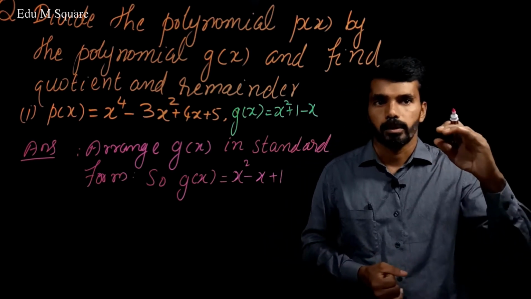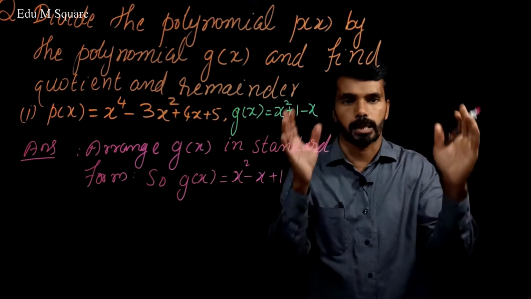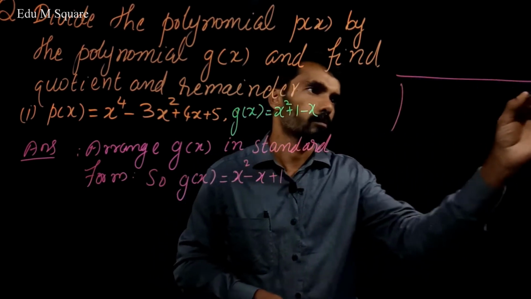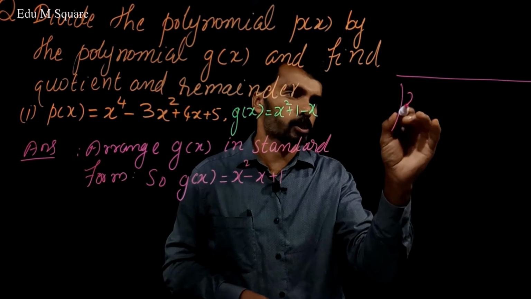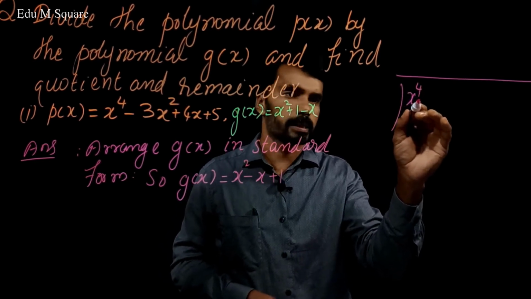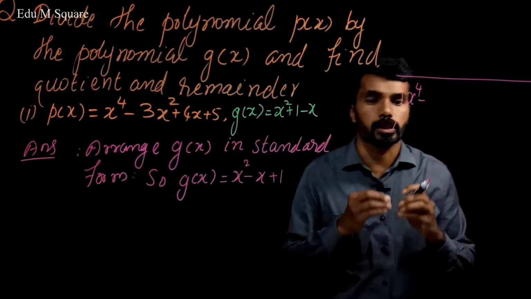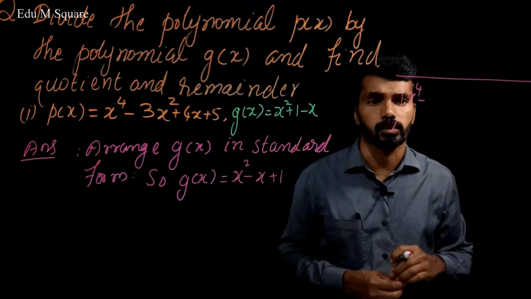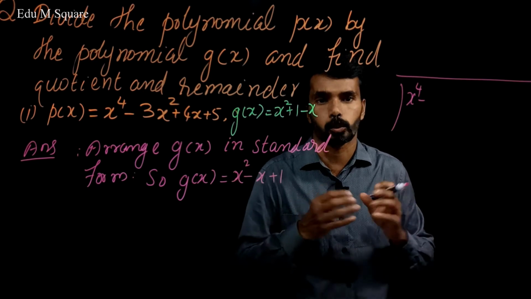So we write the dividend and divisor in a particular form. Dividend is x raised to 4 minus 3x square. There is no x cube term there, so for our convenience, we write some x cube term.